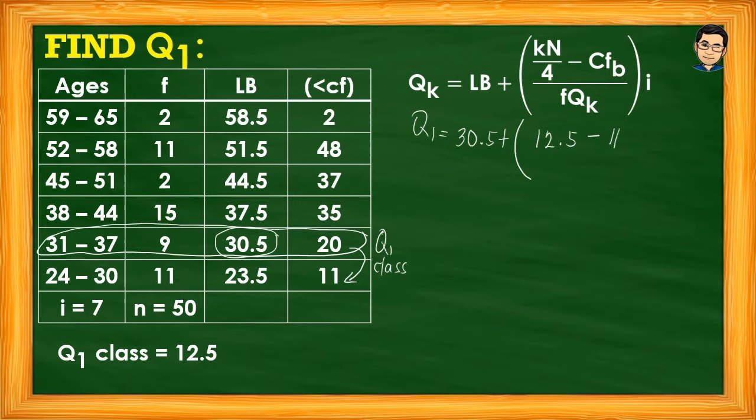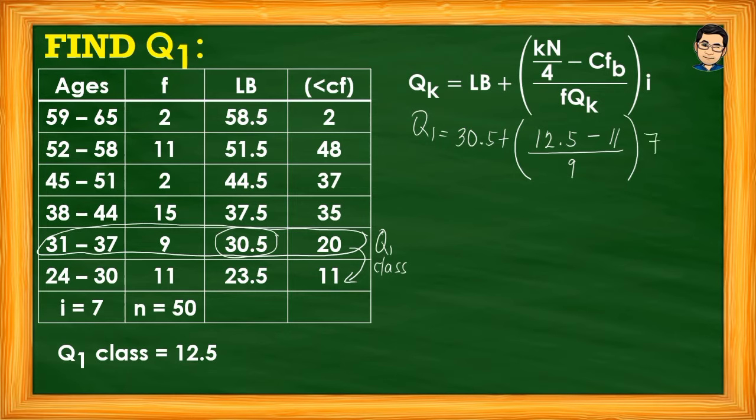Next, over frequency of the quartile class. Okay, so yung 31 to 37 na class, ang frequency niya is 9. So that is why we will write 9 times the class interval indicated naman sa table, that is 7.